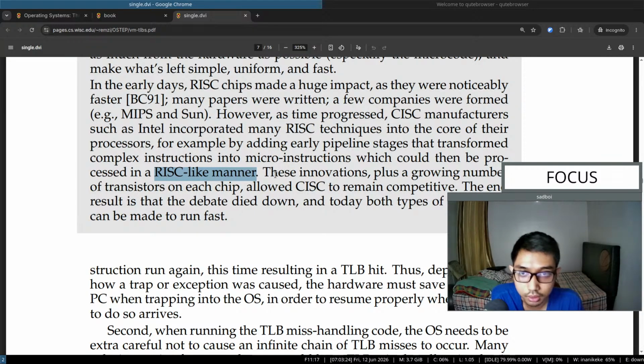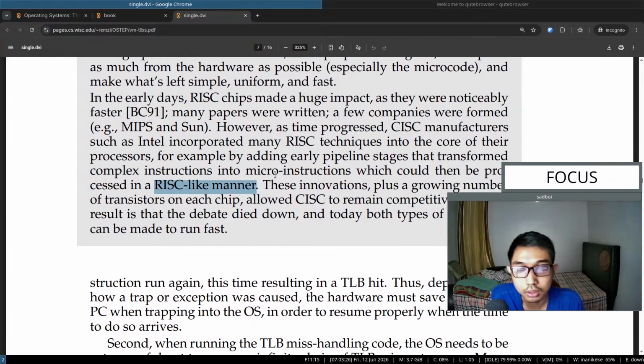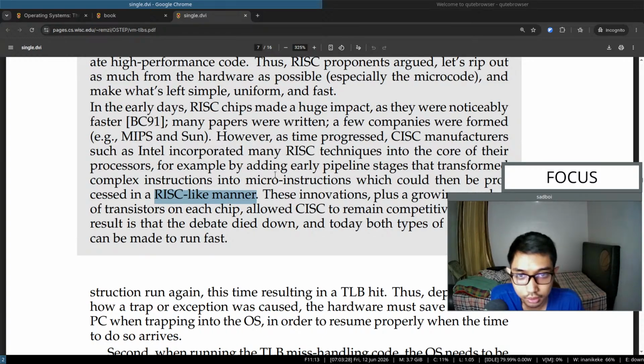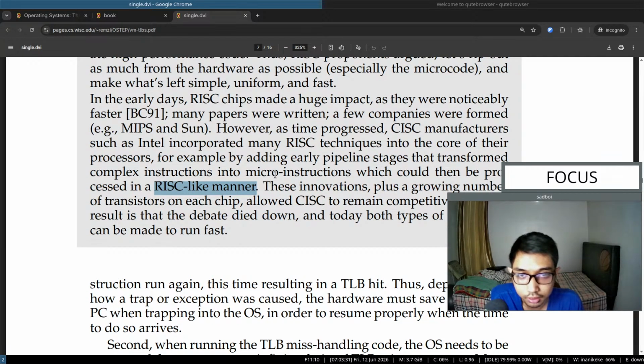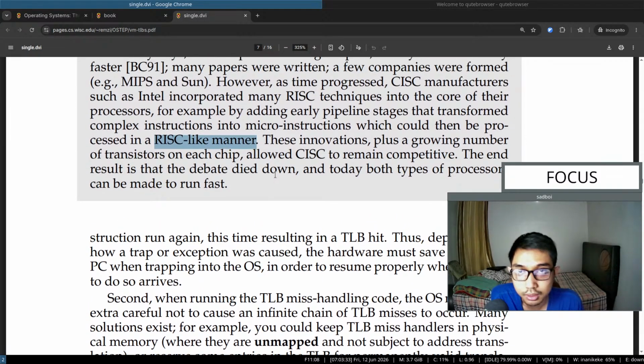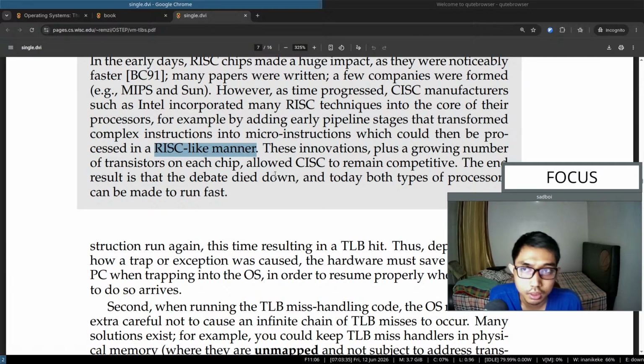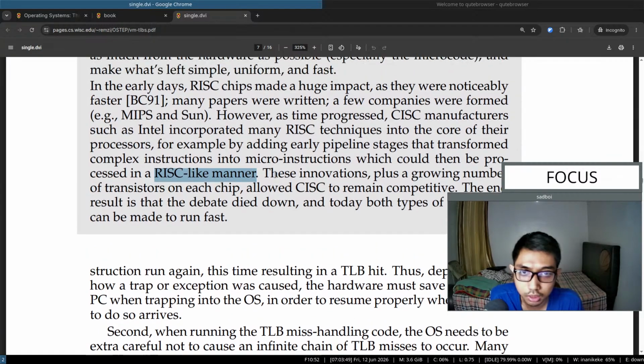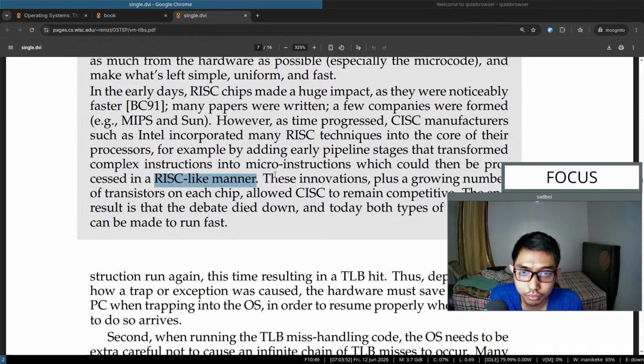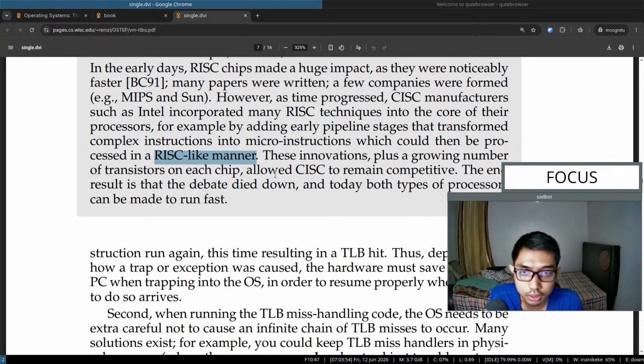That's why we have the translation lookaside buffer hardware, right? Yeah, I'm not sure if the translation lookaside buffer is another, what is it called? Is it another kind of processor, maybe something like that, or is it just a storage base?